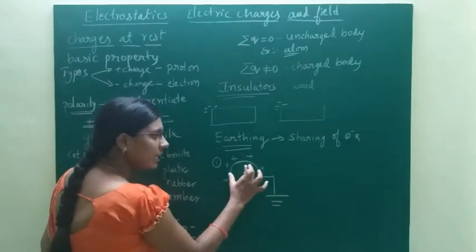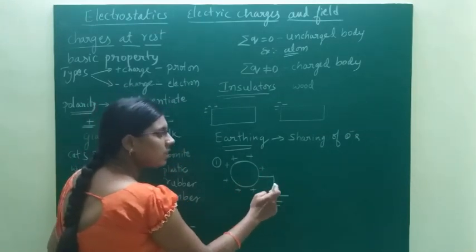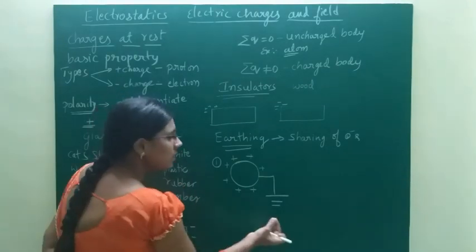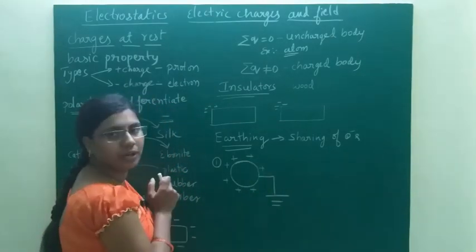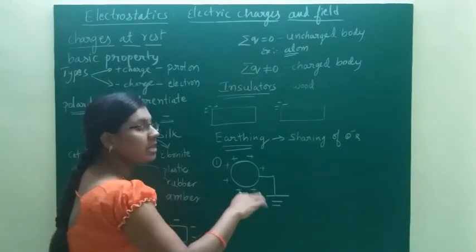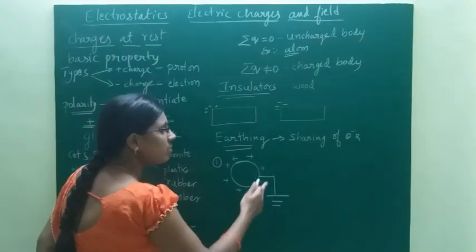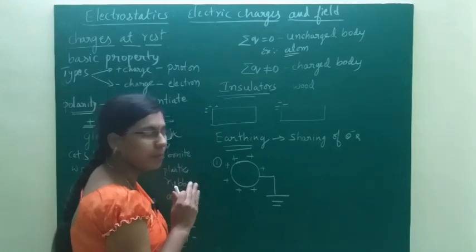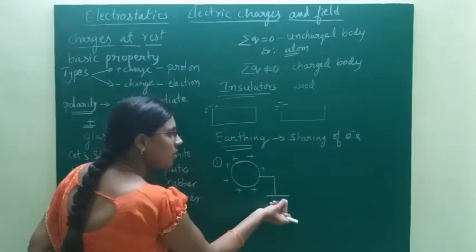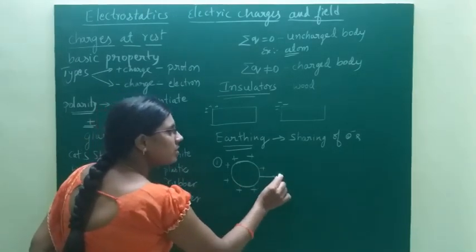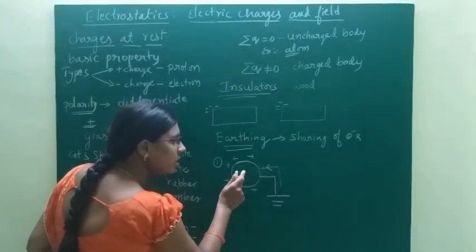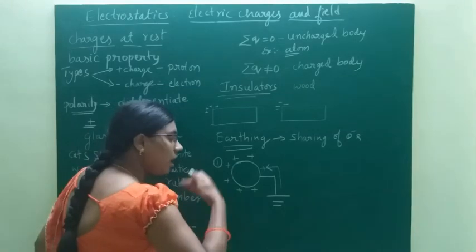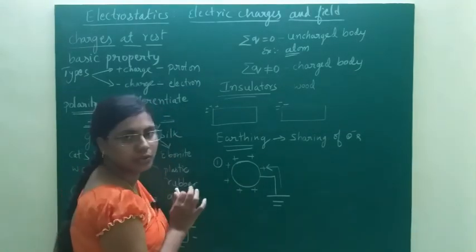If you connect a positively charged conductor to the ground, the electrons will flow from the earth to this body until the body becomes neutral. Electrons from the ground transfer to this conductor, until this body becomes neutral.